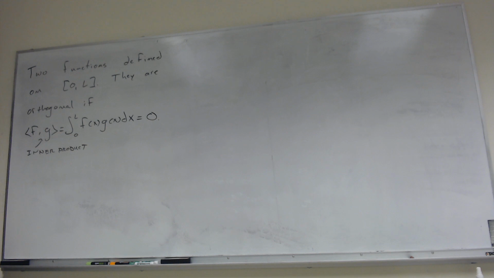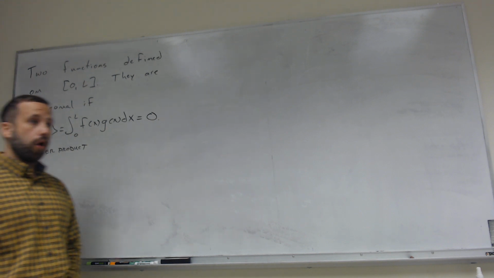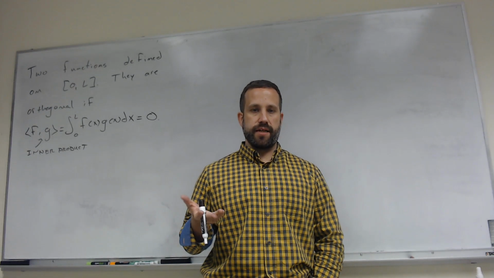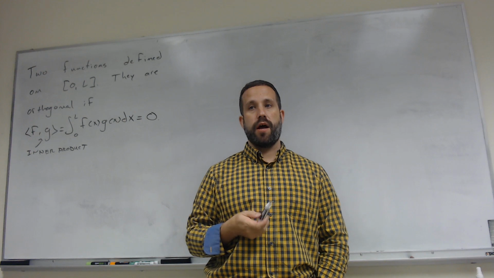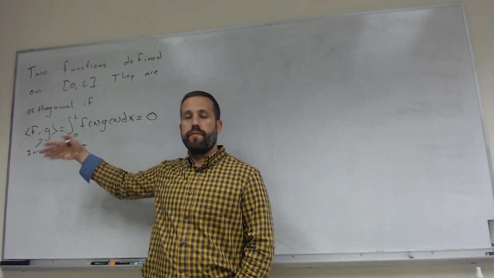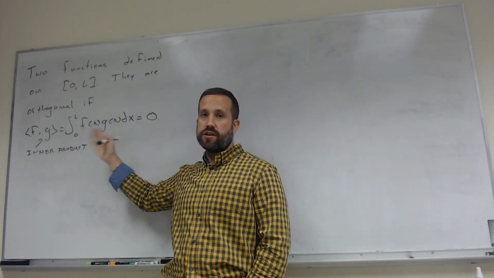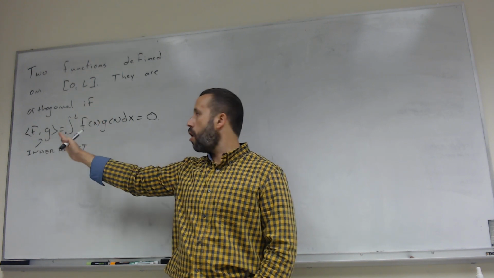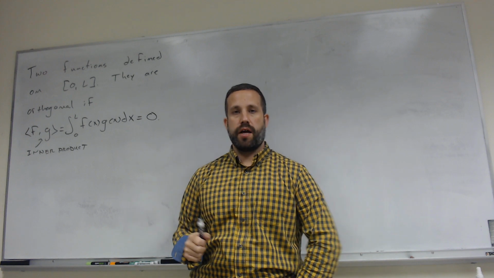What does it mean when we say two vectors in R^n are orthogonal? It means their dot product is equal to 0. Equivalently, if we have two vectors in a function space like what we have here, we say they are orthogonal if their inner product is equal to 0.